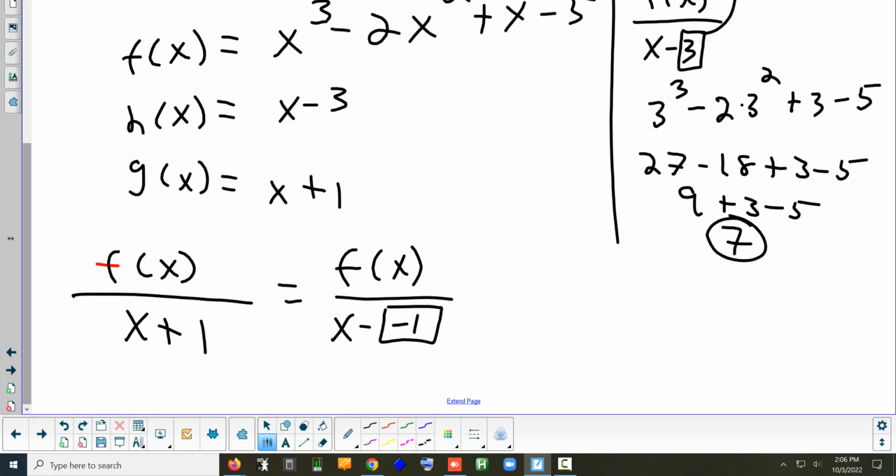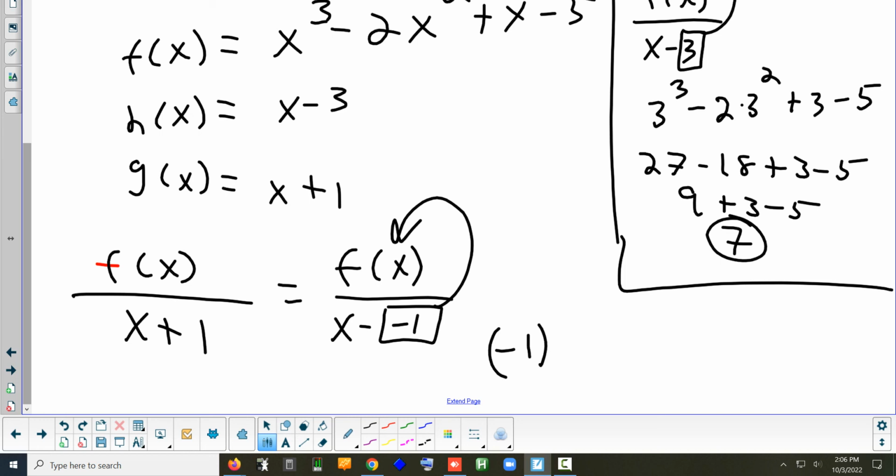So what are you going to plug into the top this time? Negative 1. And let's do it again and see what we get. So we get negative 1 cubed minus 2 times negative 1 squared minus 1 minus 5.